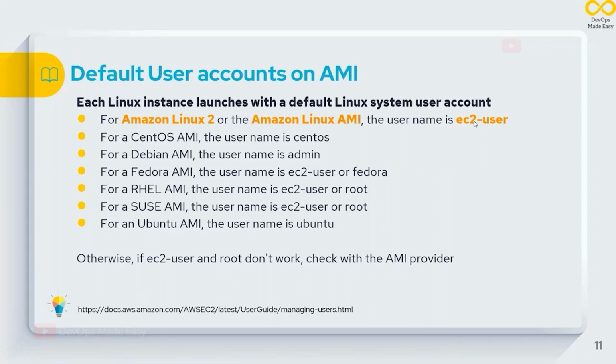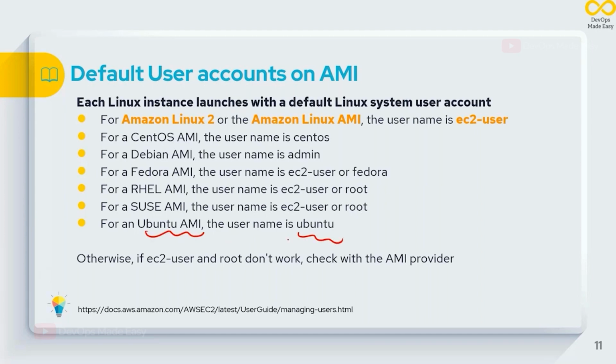Depending upon the AMI, the user account will differ, so you need to refer to the documentation. We are going to use the Linux AMI, so the default user is ec2-user. Sometimes we'll also use the Ubuntu AMI, in which case the default username is ubuntu.